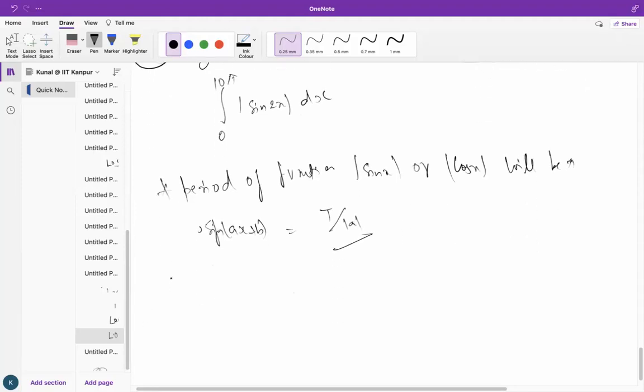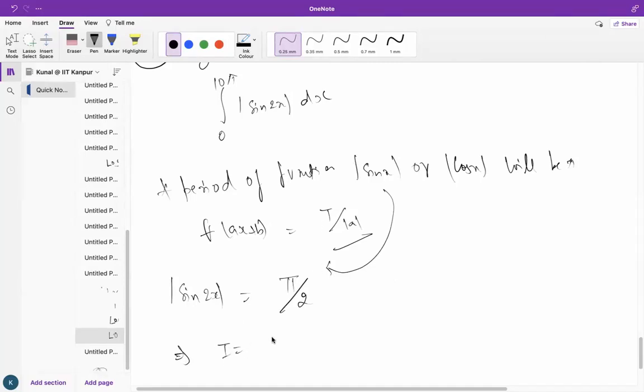The period of mod sin x function will be pi. But here it is of the form ax plus b. Let me rewrite here. Our function is of the form f of ax plus b, where the a value is 2. So our period is pi by 2. So what do I have to do now? Let me rewrite the integrand.